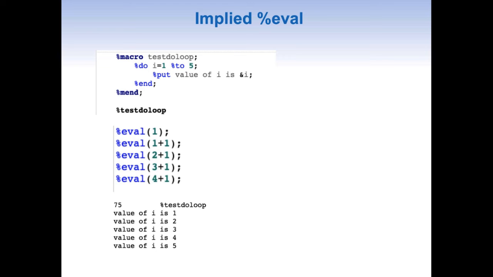So the important point to understand here is that an implicit %eval runs whenever we do %do loops like this. And more on these implicit %evals when we talk about functions in the next class.